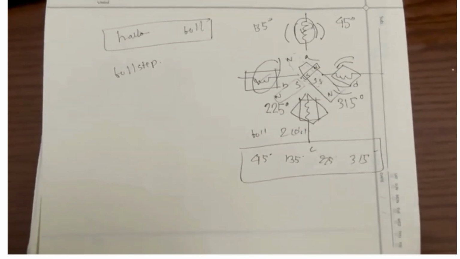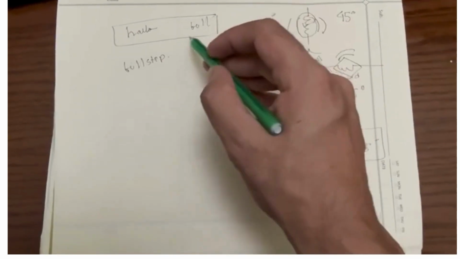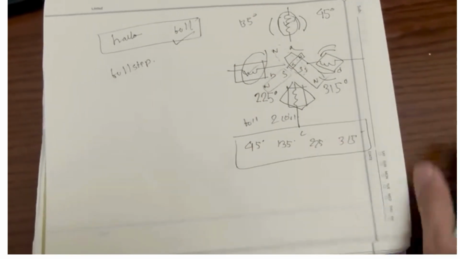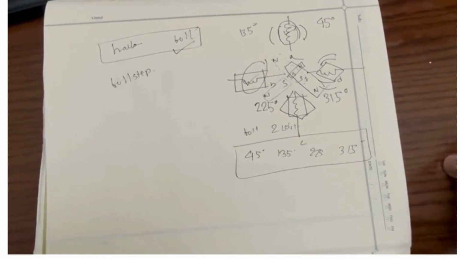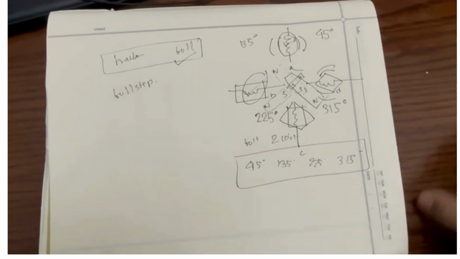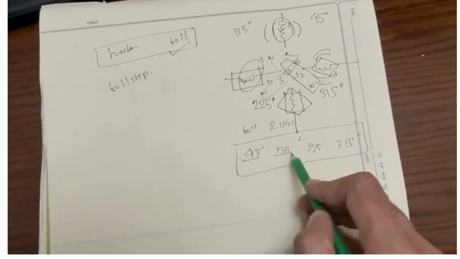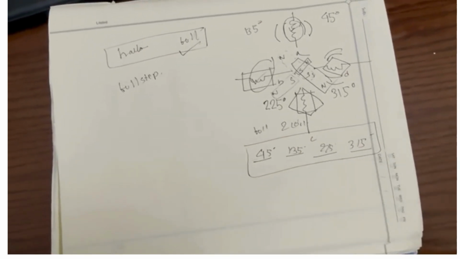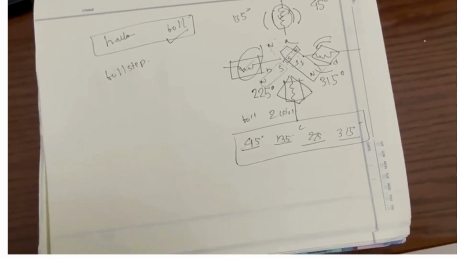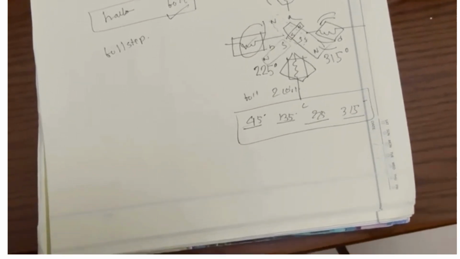Half step is accomplished by extending the full step mode by making 1 coil active at a time. So in half step mode, these rotations are activated by 2 coils being activated, after that 1 coil being activated. So it's half step.